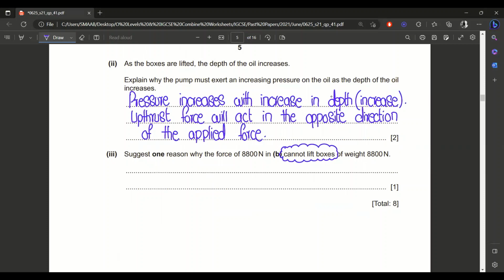Yes, because both forces are equal and opposite, so it means we need to increase our force above 8800 to lift the box or to start the motion, right? So that is a simple concept.